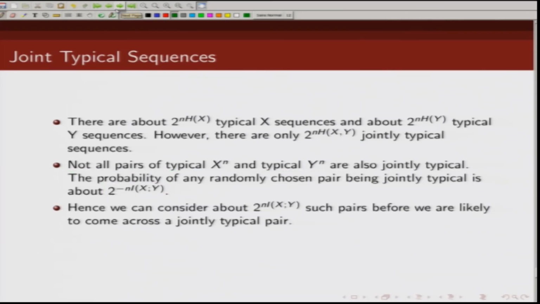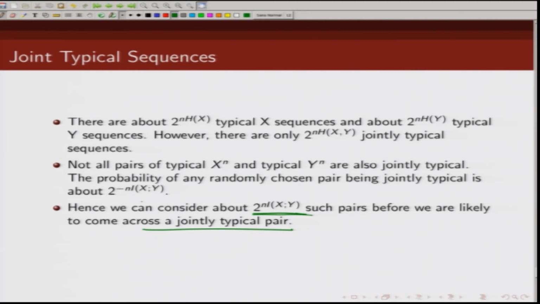In other words, we can consider around 2 raised to the power n times the mutual information of x and y. We are going to encounter that many pairs before we are likely to get one jointly typical pair.